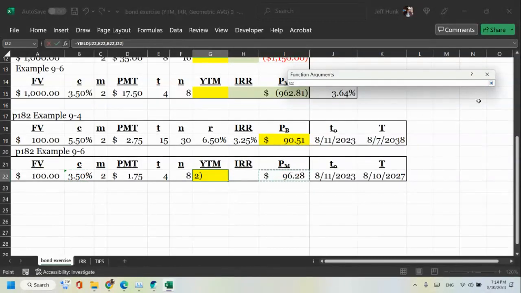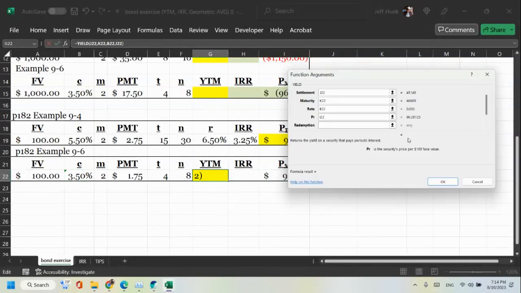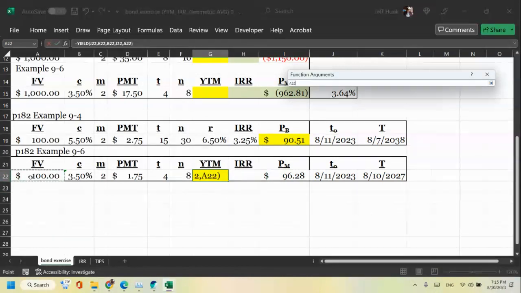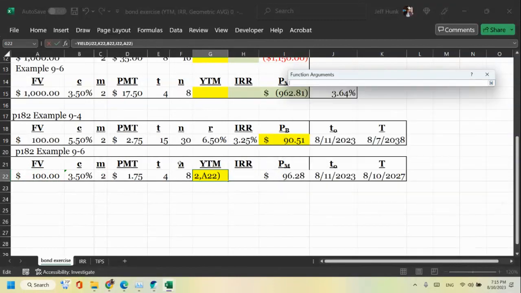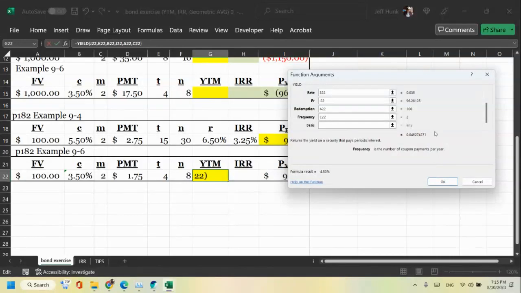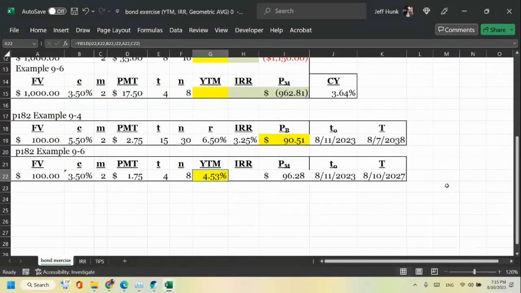Price, that's the price, right? Redemption value, of course, this is the redemption value. And one more thing, frequency, 2. There you go. And we got something here already. Hit OK, 4.53.